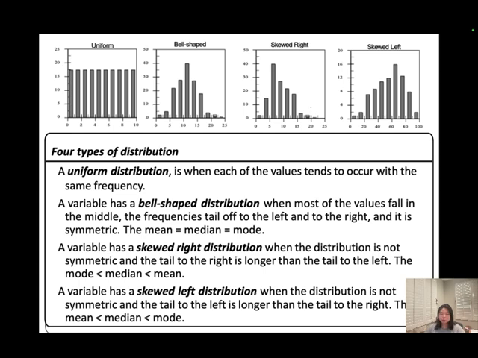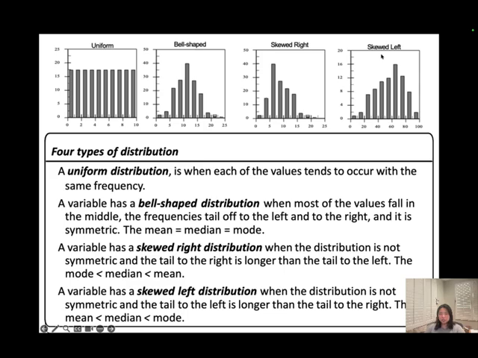Therefore, the mean will become the largest of the three values. So on the right skew distribution, mode will be the highest point here, median will be a little bit higher than that, and then the mean, because it's sensitive to the extreme values, and these large values pull the mean farther to the right, will be the greatest number.